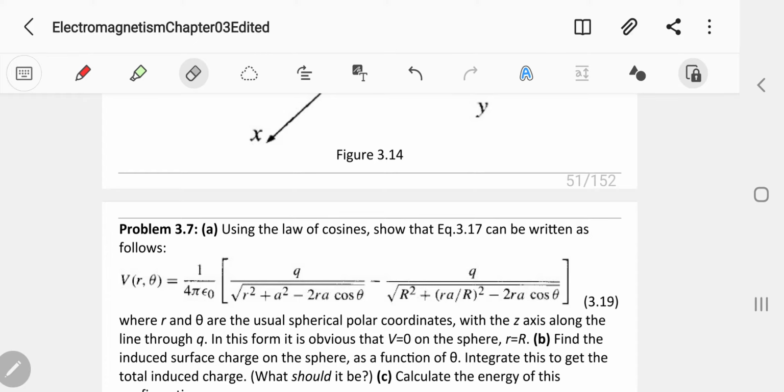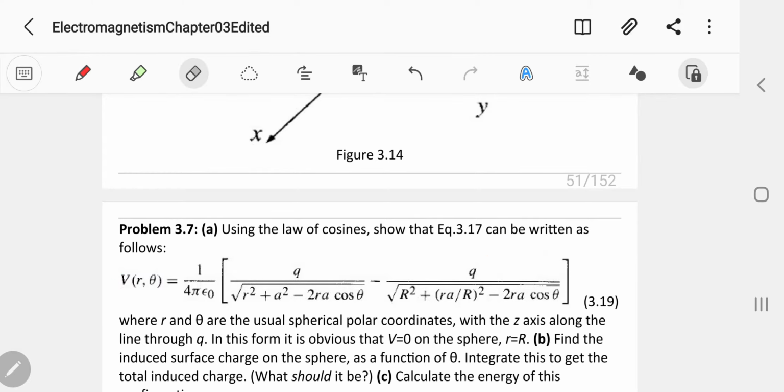So if r is equal to R, is the potential 0? Or if r goes to infinity, would the potential be approaching 0? So indeed this is satisfied. Therefore this is the potential.